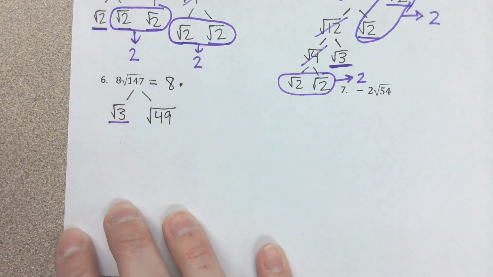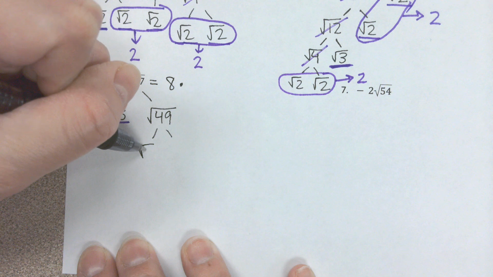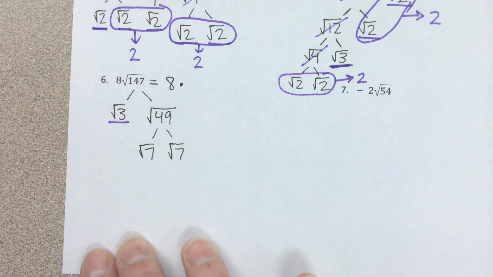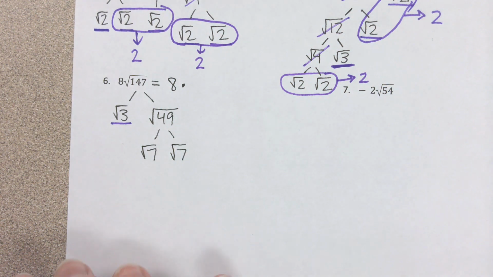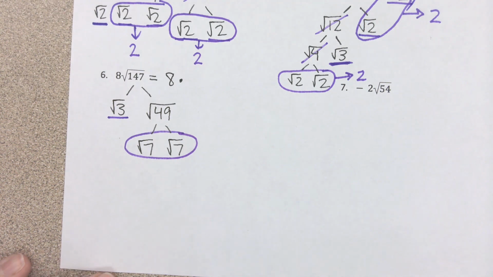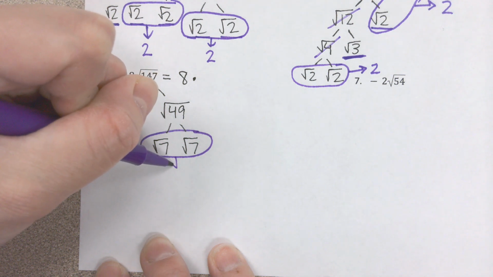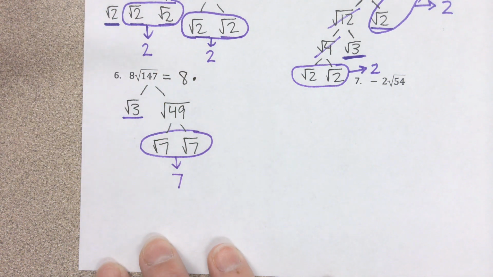Three doesn't break down. 49 only breaks down one way, and that's 7 and 7. We have a pair here, so we're going to stop with the 7s. And those can't go any further anyway. So these are going to give us a 7. And then we have the square root of 3.